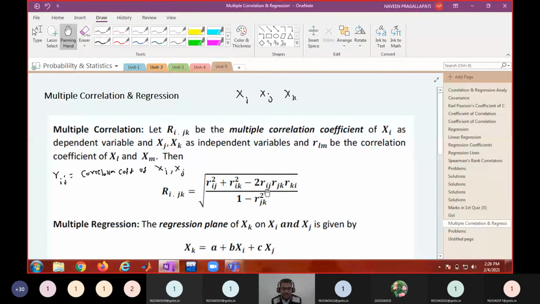Like that you compute three correlation coefficients, between xi and xj, xj and xk, and xi and xk. Then substitute those values here. You will get the multiple correlation coefficient. Do you follow? Yes. Please write down this formula.